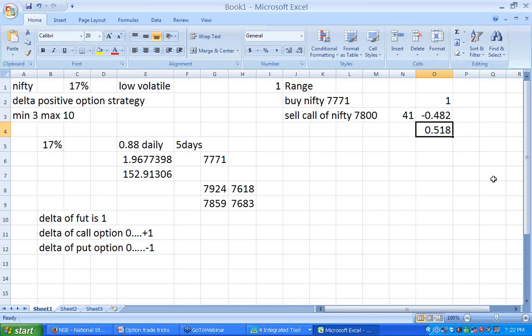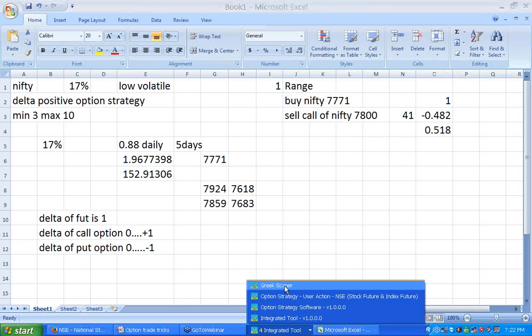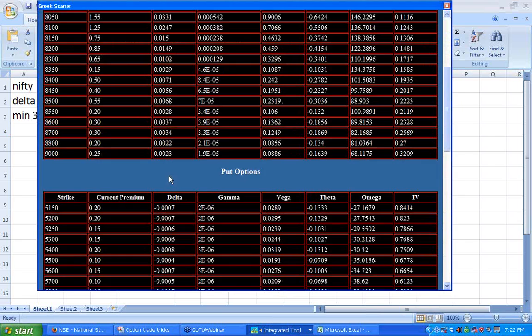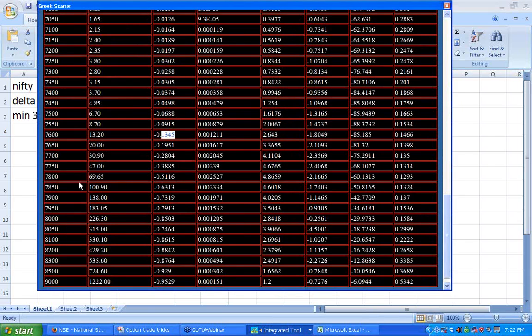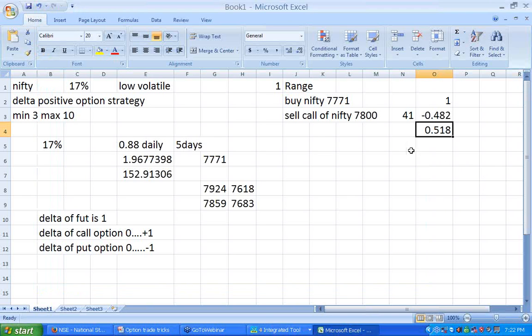If I buy a put option having a delta of 0.51, my delta will come to 0, considering it is a range bound market. So I will be searching for a strike having 0.51. Obviously I got it here at 69.65, the 7800 put, which has 0.5116.